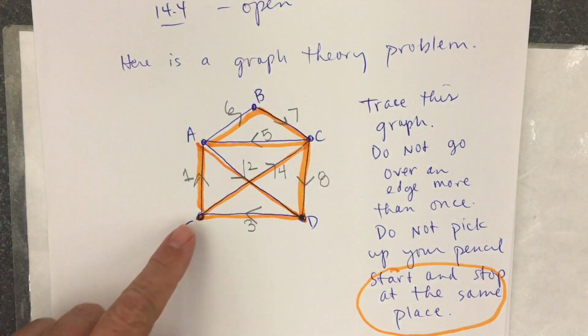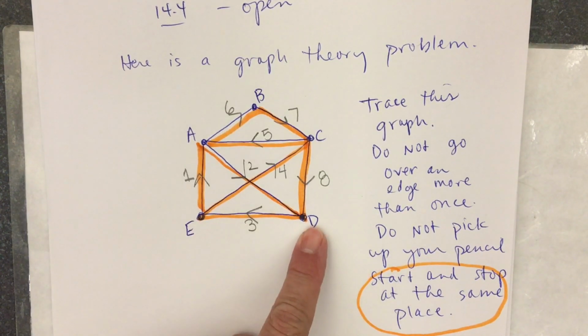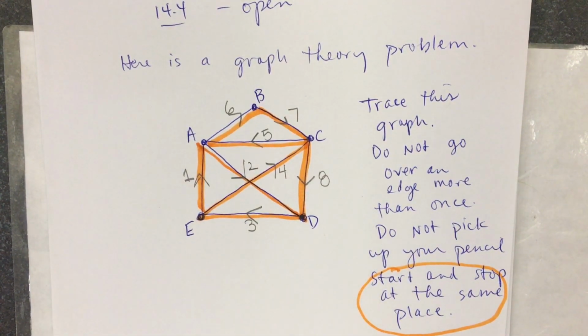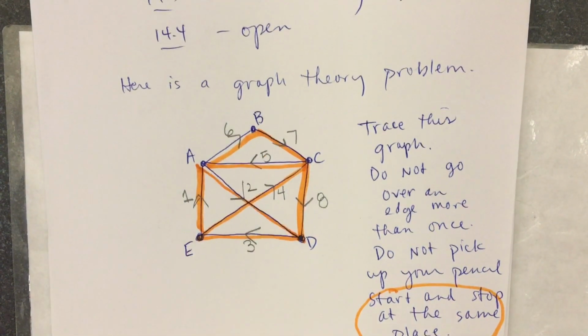So if I look at E and I look at D, there are 3 lines that meet at those dots, and that makes it impossible. Having an odd number of lines at those dots makes it impossible to start and stop at the same place.